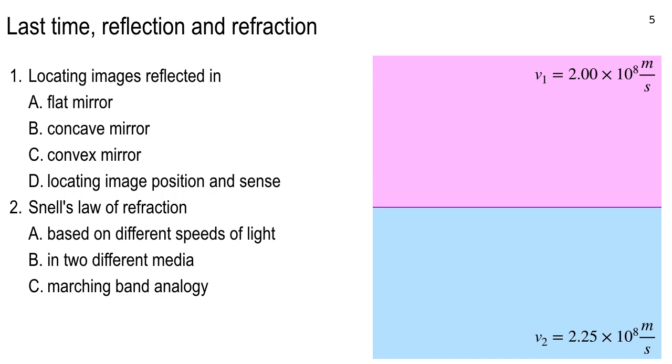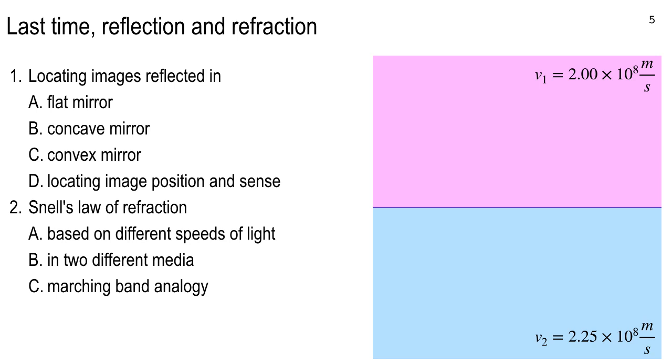So light propagates through glass at a slightly different speed than it propagates through water, and slightly different again than it propagates through air. And that's measurably different, very slightly different from the speed of light as it propagates through a vacuum. Okay, in a vacuum, it's 3 times 10 to the 8 meters per second.